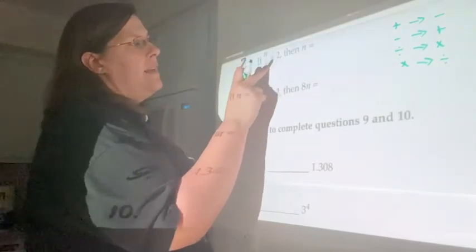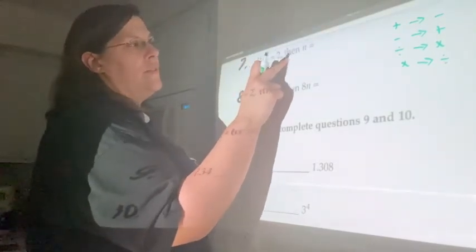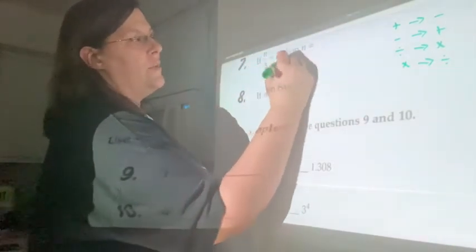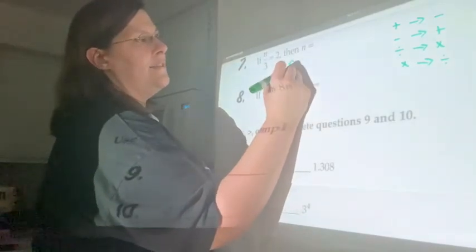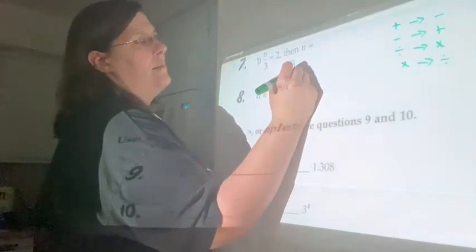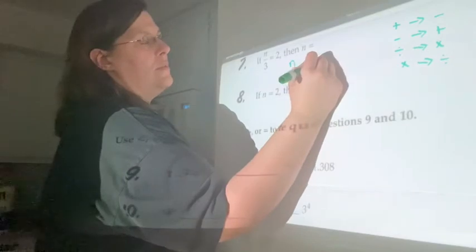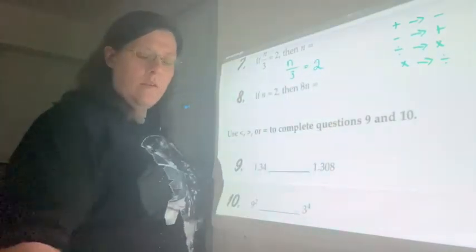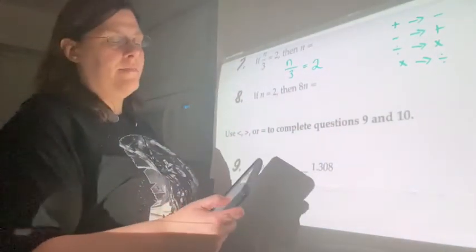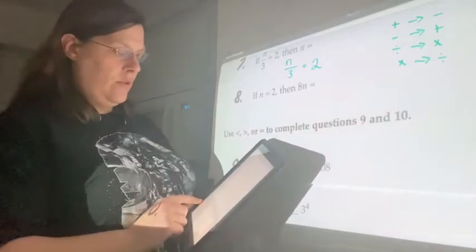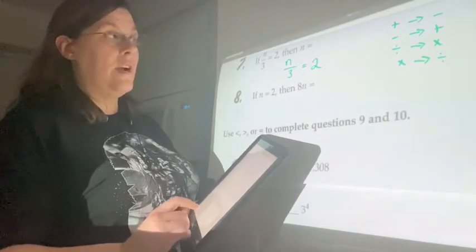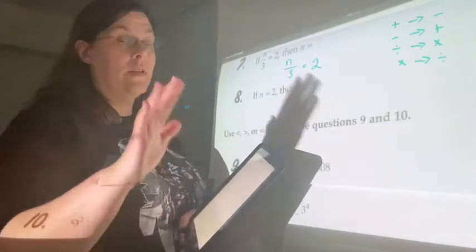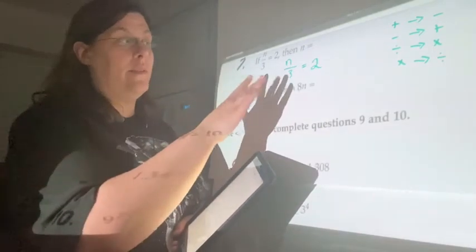If n divided by 3 equals 2, then n equals what? So we have n divided by 3 equals 2. Let's use our tool, make sure we're on the right track. So we put in the fraction sign. And you all should realize that fractions are nothing but division problems.